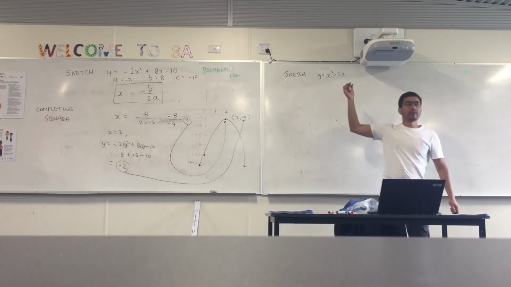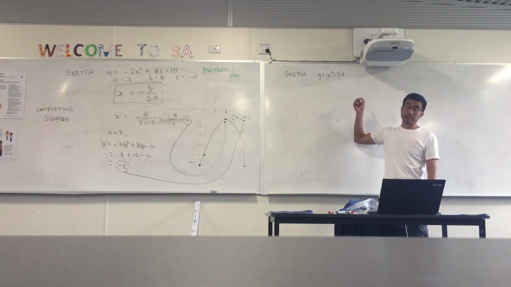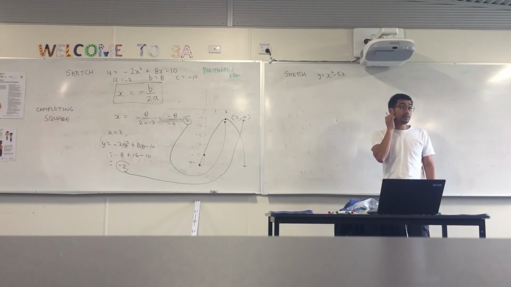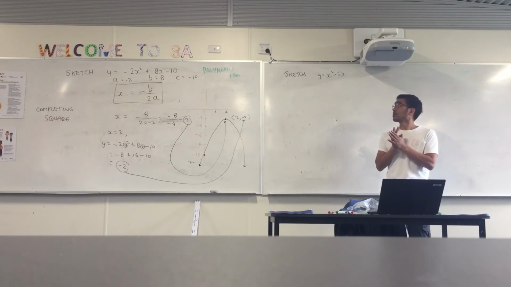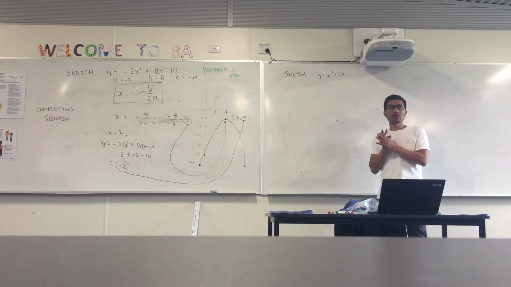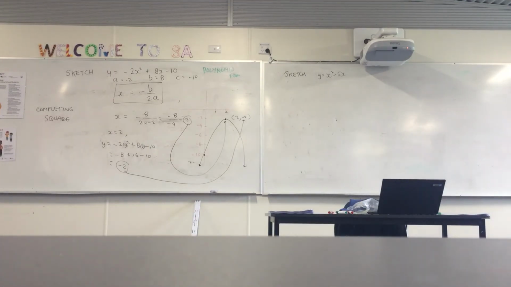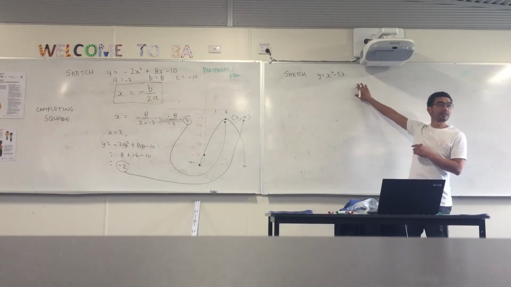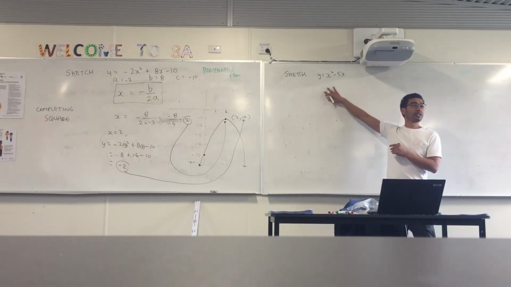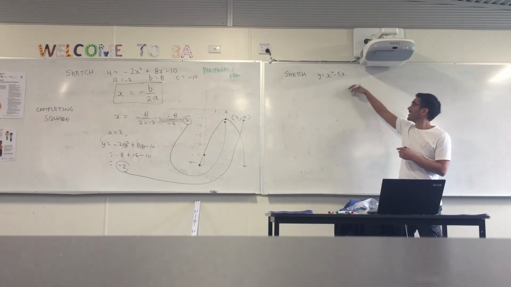Okay, have a go at this right now. Sketch y equals x squared minus 5x. Just by looking at it, where is our y-intercept? 0.